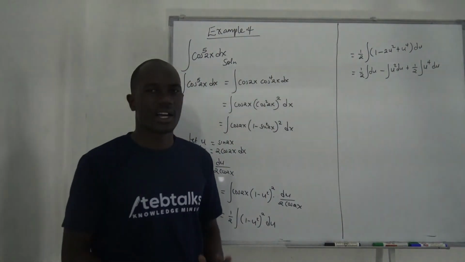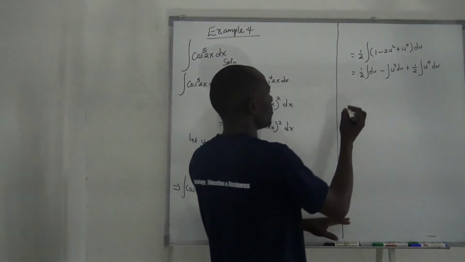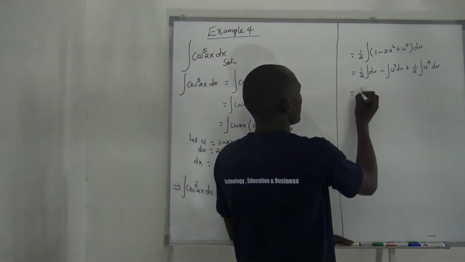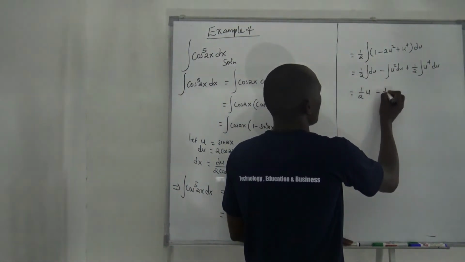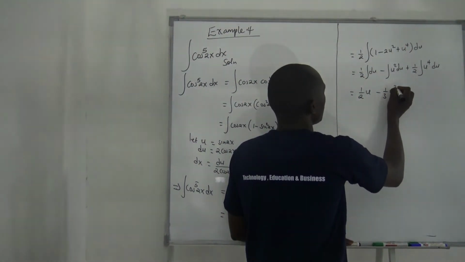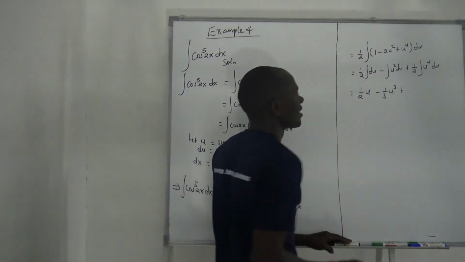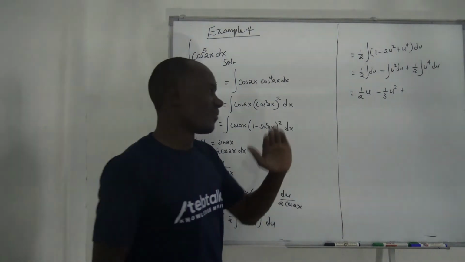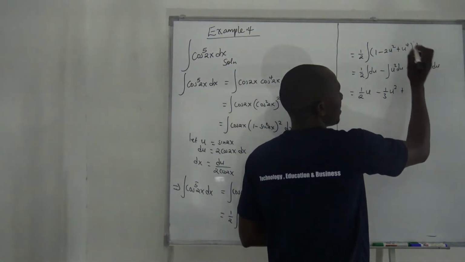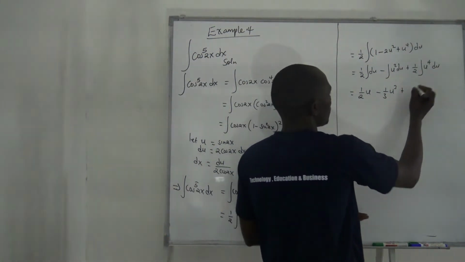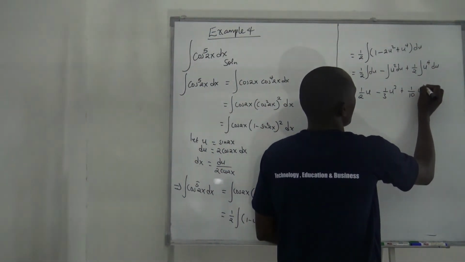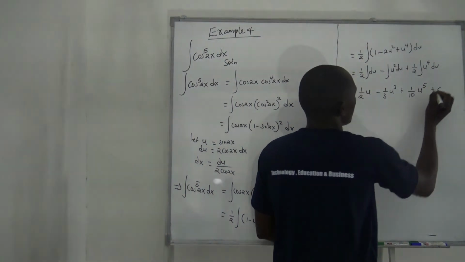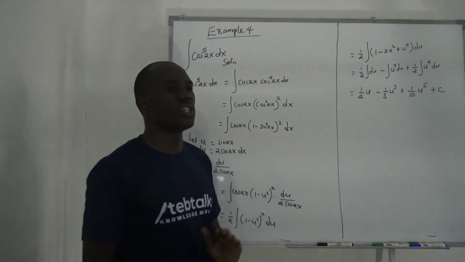From there, can we integrate? When we integrate du, we get u, so a half u, minus a third u cubed, plus, add 1 to the power and divide by the new power: it becomes 5, so 2 times 5, you get 1 over 10 u power 5, plus the constant of integration.